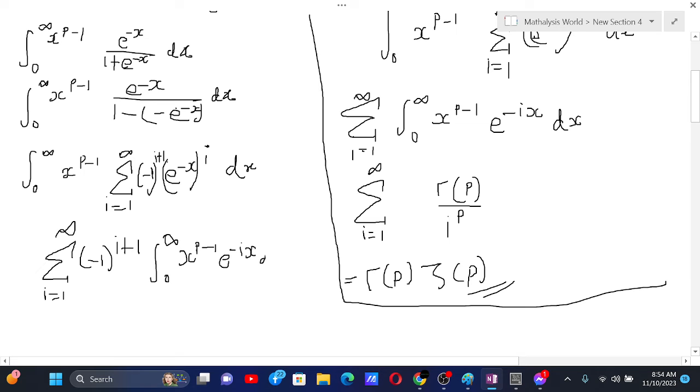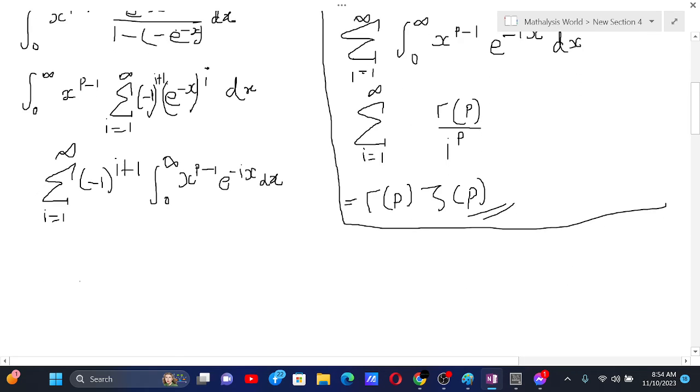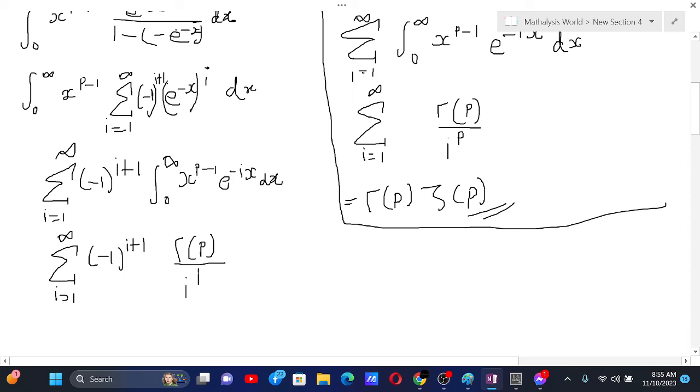So we have a similar expression again, with the sum from i equals 1 to infinity and minus 1 to the power i plus 1, and this one again from the Laplace transform or from the gamma function can be written as gamma of p by i to the power p.